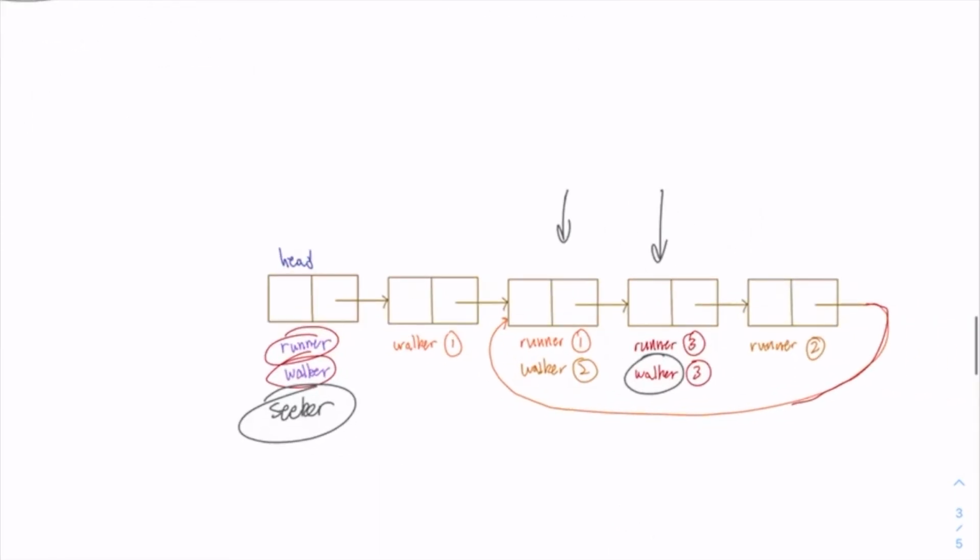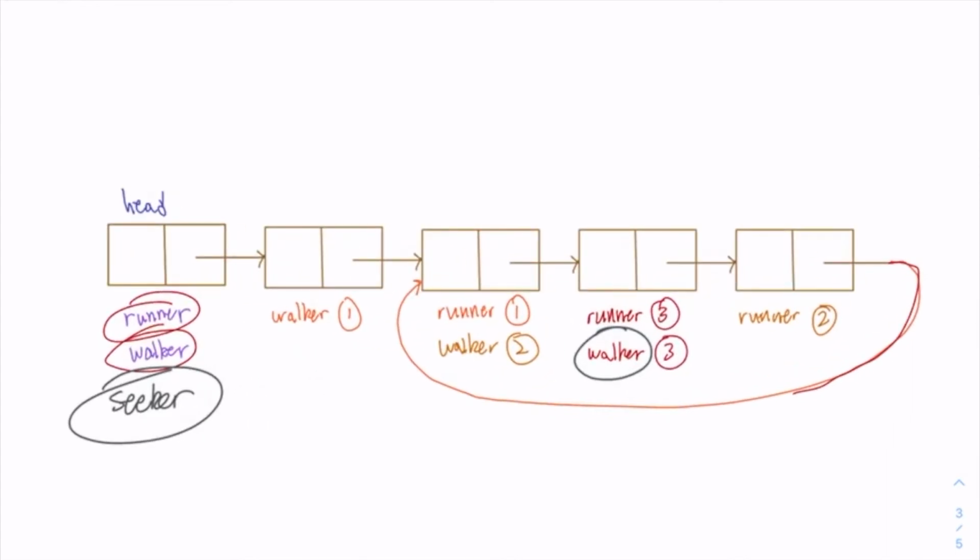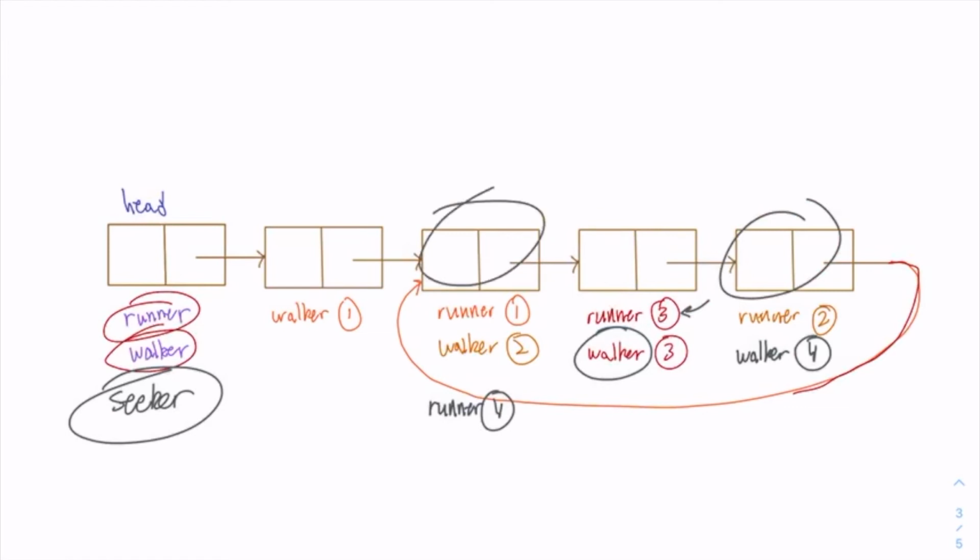So here we have runner and walker at time 3, and at time 4 walker will be here, and at time 4 runner will be here, since runner at time 3 is here and we're skipping this node to get to this node.